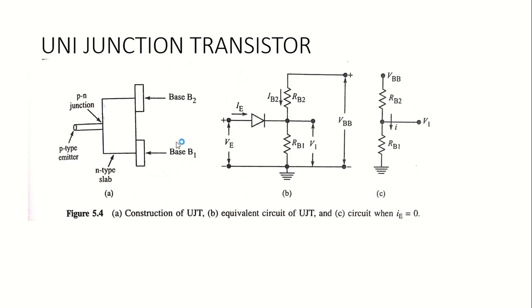Since it has two bases, it was originally named a double-base diode, but now it is called a UJT. The equivalent circuit representing the diode action and the ohmic contacts of base 1 and base 2 is shown in figure B. The PN emitter-base junction is represented as a diode, and the base 1 and base 2 ohmic contacts are represented by resistances RB2 and RB1, where RB2 is the resistance between base 2 and emitter, and RB1 is the resistance between base 1 and emitter.